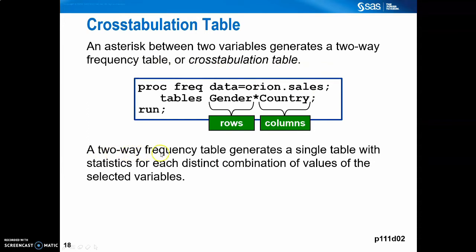A two-way frequency table generates a single table with statistics for each distinct combination of values of the selected variables. So this is an example of the PROC FREQ command with a TABLES statement that will produce the cross-tabulation table, in which the rows will be gender and the columns will be country.